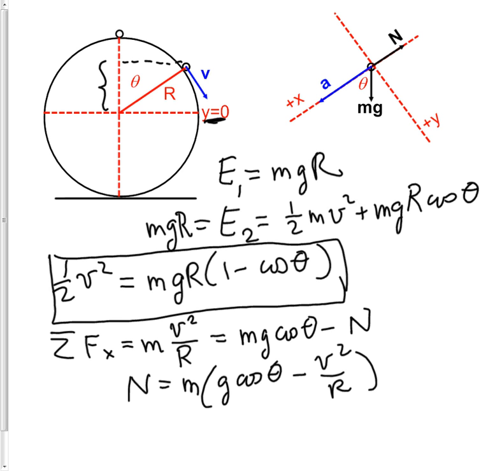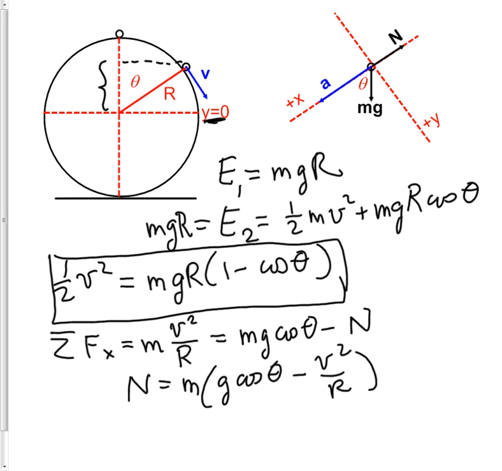So at the very beginning, v is very small, and so n is positive, the way I've drawn it here. As the bead goes faster and faster, the quantity in parentheses here is going to get smaller and smaller until eventually the normal force will be 0.